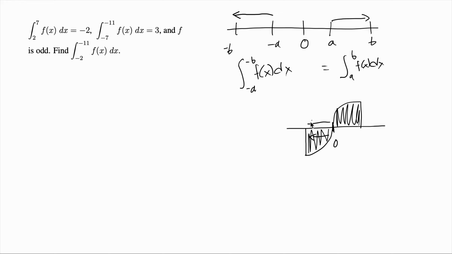Notice going backwards and being below the axis are like two negatives that cancel each other out to make a positive. So really, this is the positive version of the area if we integrate backwards, which is the same as this positive version integrating this way. Integrating backwards provides a negative, but then being below the axis provides another negative, so they would be equal. That's how we can think about odd functions with integration.